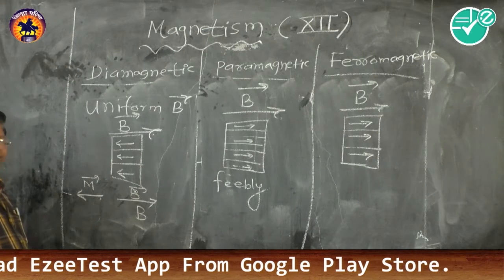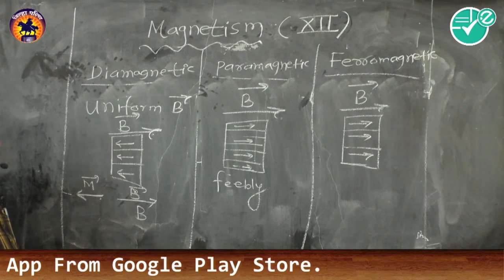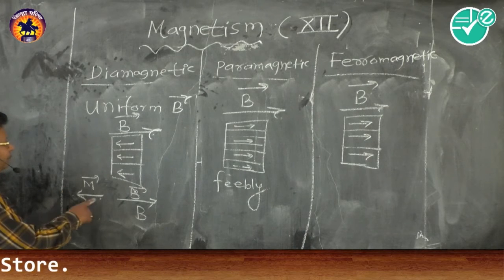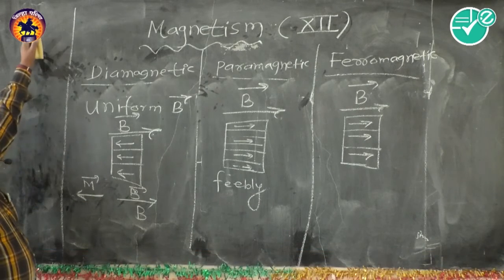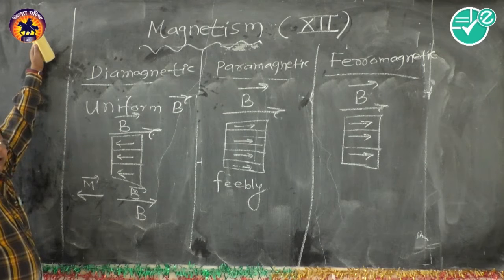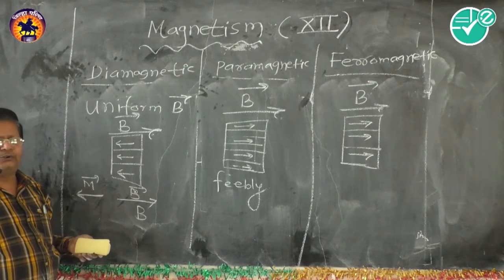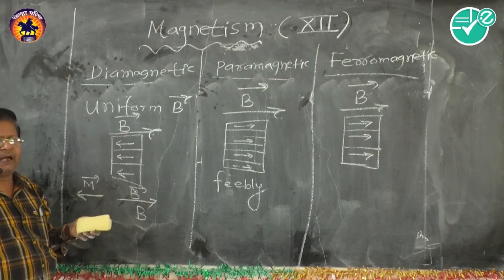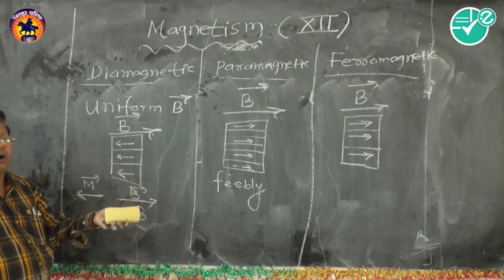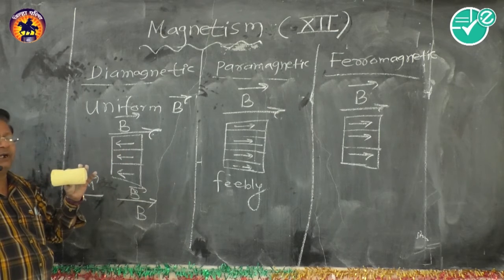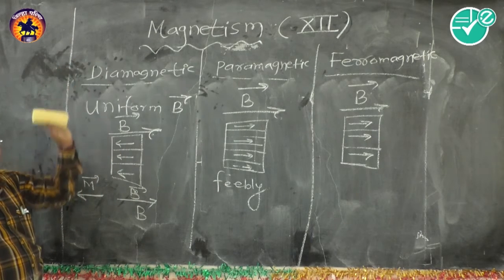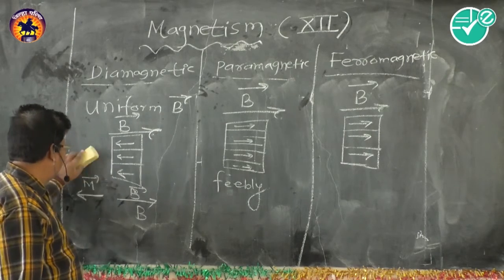But instead of cows, if there is an ox or some undisciplined cow, then as the cowboy shows the stick, that means the magnetic field is applied towards the cow, the cows come towards the cowboy, which is the same case as that of diamagnetic substances.